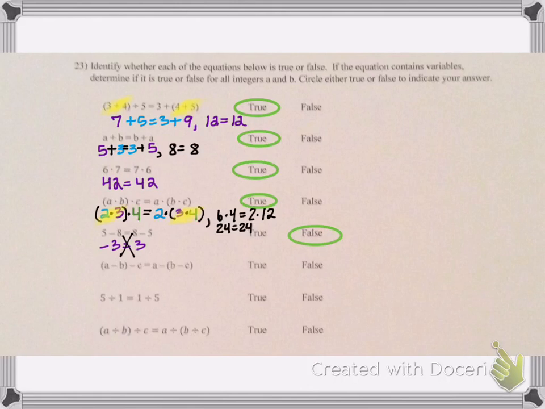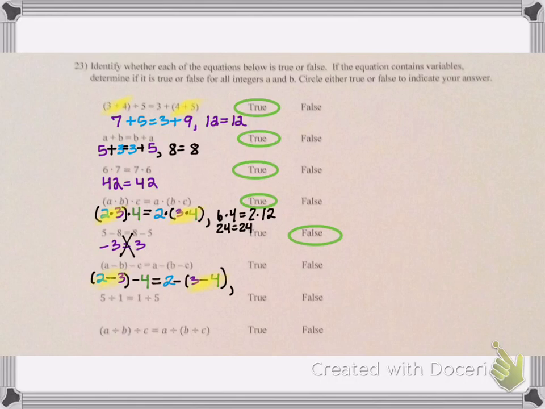A minus B in parentheses and then minus C is supposed to equal A minus parentheses B minus C. So again, we're going to choose some values to substitute in for the variables. I will use 2 for an A, 3 for B, and 4 for C. So you'll notice again, the only difference here between the left side and the right side is the placement of the parentheses.